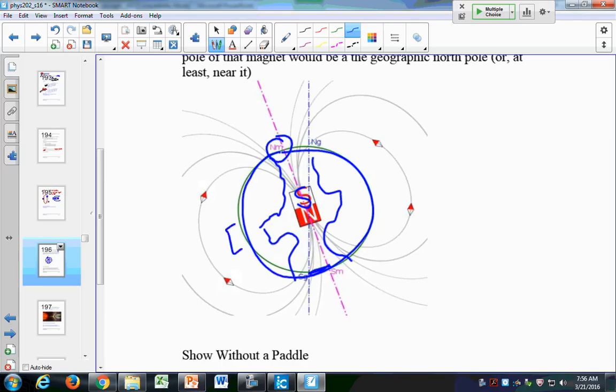If I think about a magnet in my compass, the northern pole is going to point towards the southern magnetic pole, which is the northern geographic pole. The reason we call it the north pole is because the north pole of this magnet points towards the northern geographic pole. But that's really the southern magnetic pole. Y'all follow me on that? They're flipped from one another.